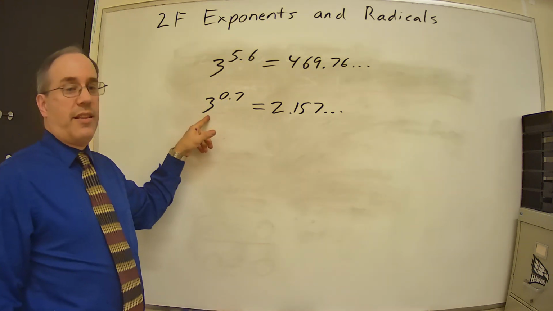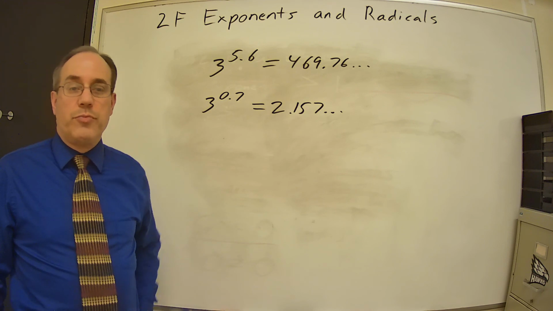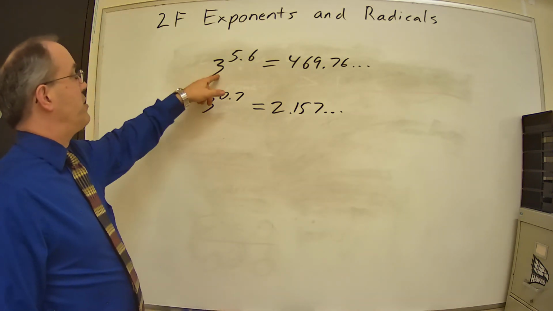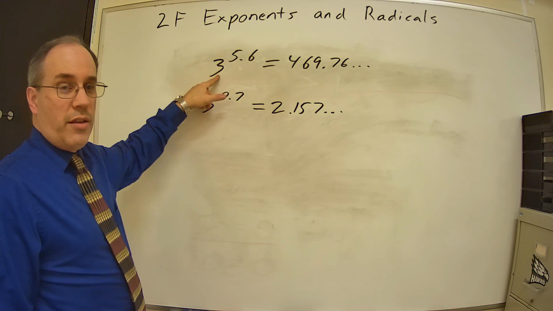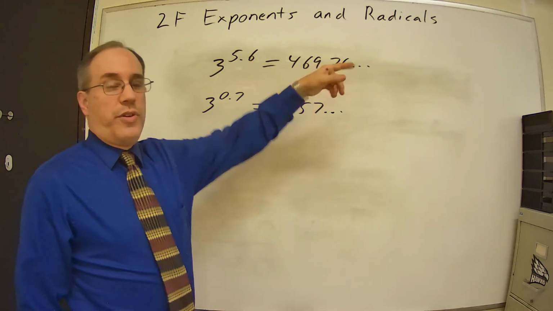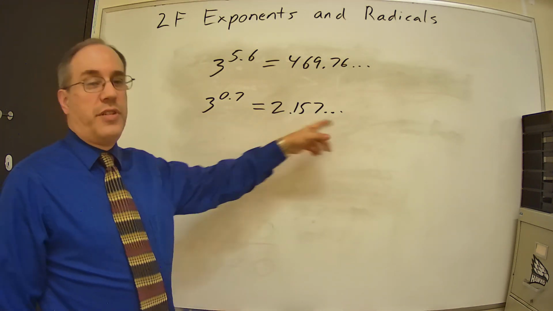So we see that taking this base and raising it to a number less than 1 gives us a number smaller than it. We could safely say that as long as the base is greater than 1, then any exponent greater than 1 is going to increase the size, and any exponent less than 1 is going to decrease the size.